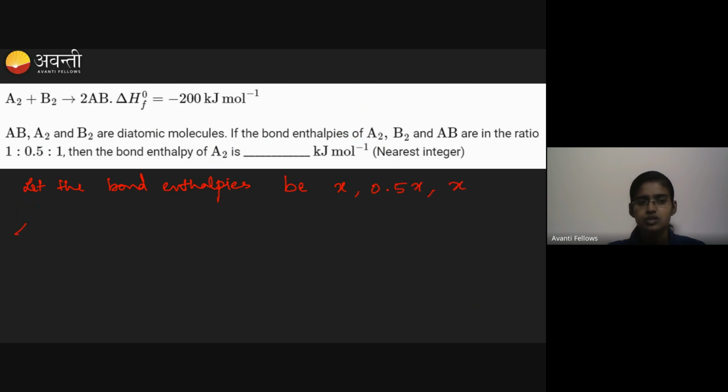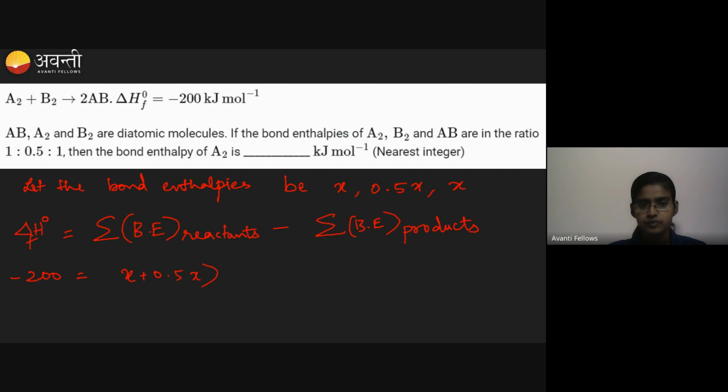To find out the delta HF naught, it should be equal to the summation of bond energy of the reactants minus the summation of bond energy of the products. Right. So delta HF is given as minus 200. For the reactants, who are the reactants? A2 and B2, in the ratio x and 0.5x, minus the product, which is x.